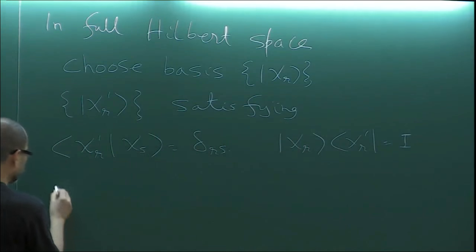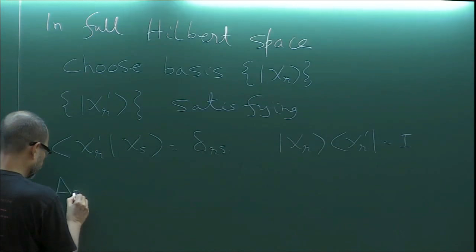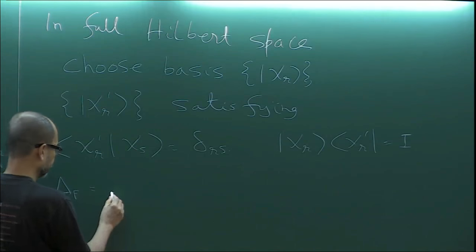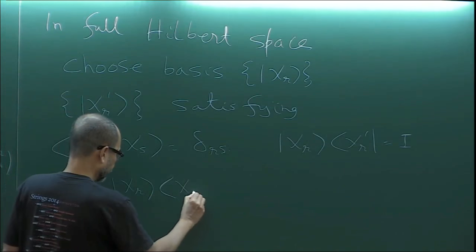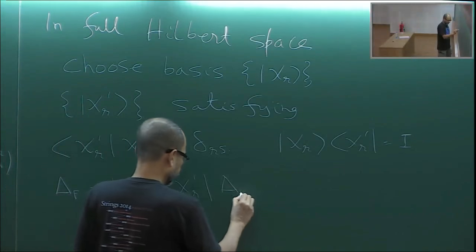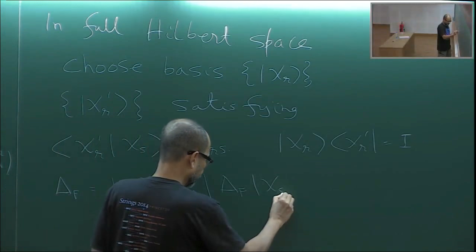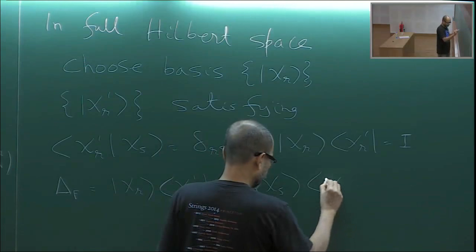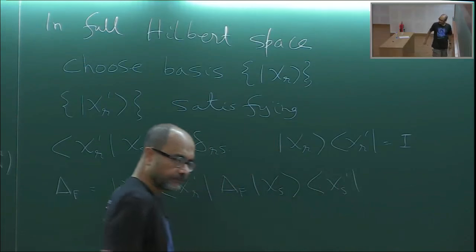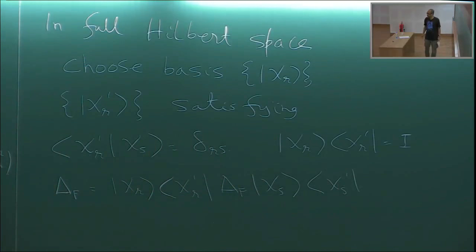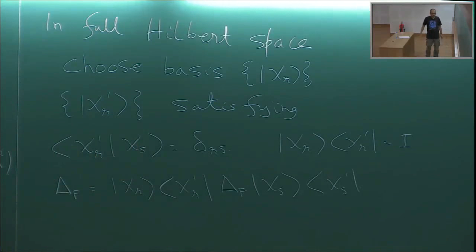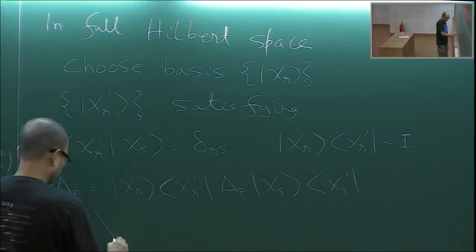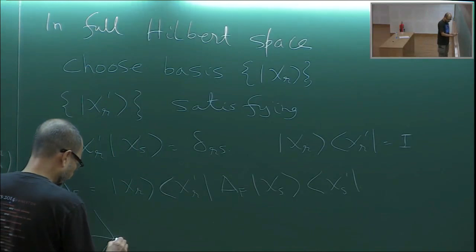Okay. So using this, we can write delta f as chi r prime delta f chi s prime. Okay, it's just a triviality. I just introduced two identity operators on two sides. But now let's recall how delta f is to be used.